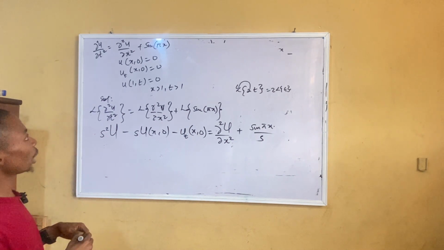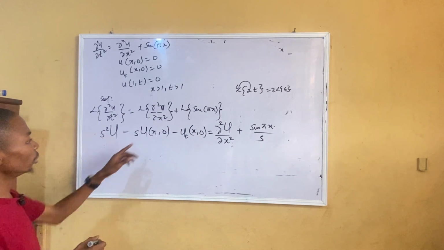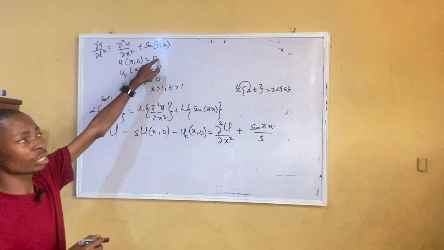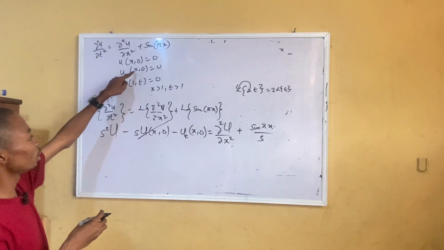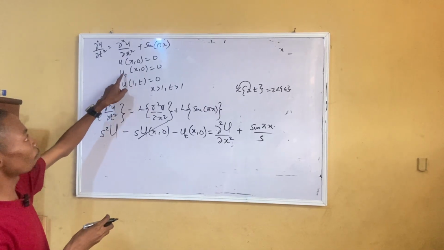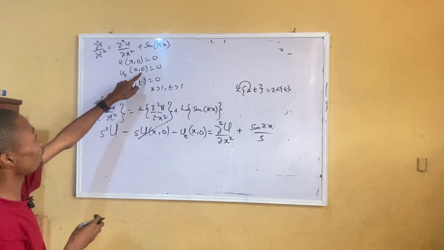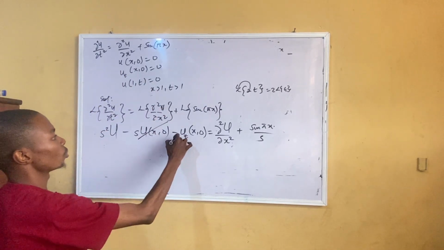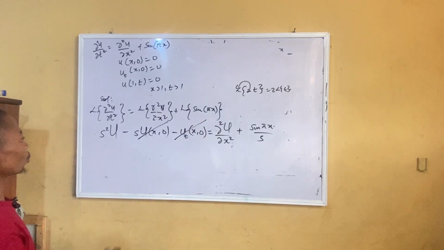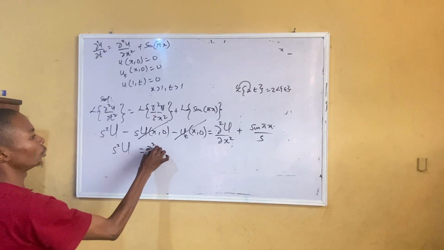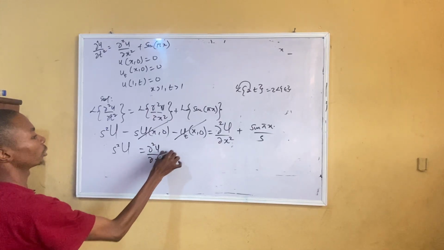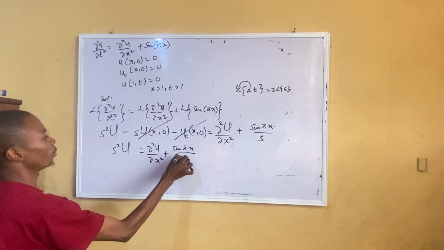So now check the boundary conditions. U of x comma 0 is 0, so this part is 0. U_t of x comma 0, that means the partial derivative of u with respect to time at x comma 0, is also 0, so this part will be gone. So you are going to have s squared U equals d squared U dx squared plus sine pi x divided by s.